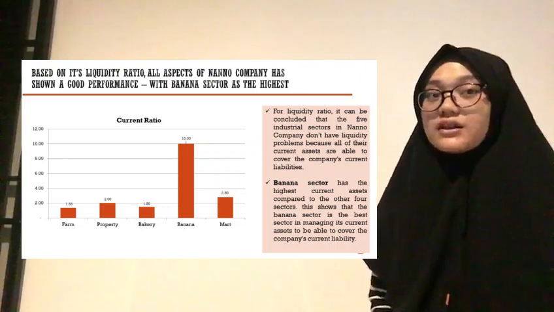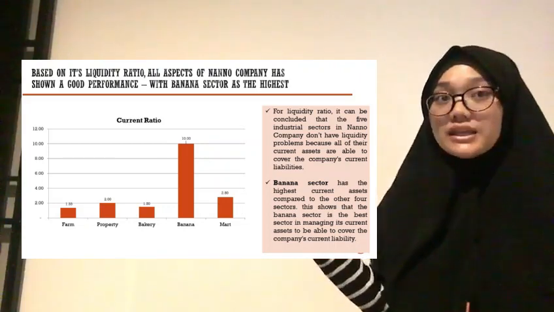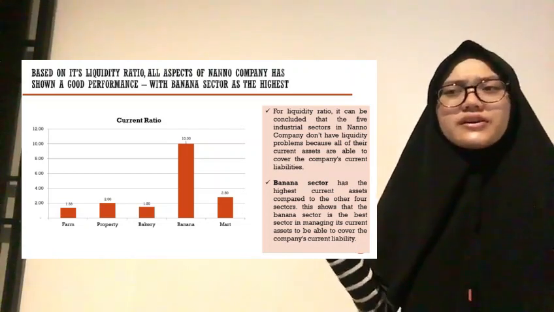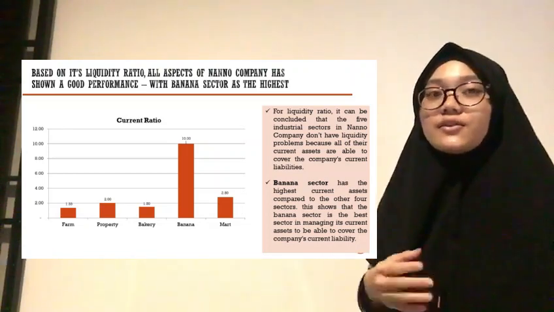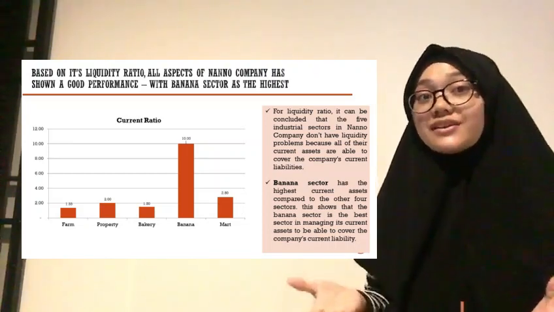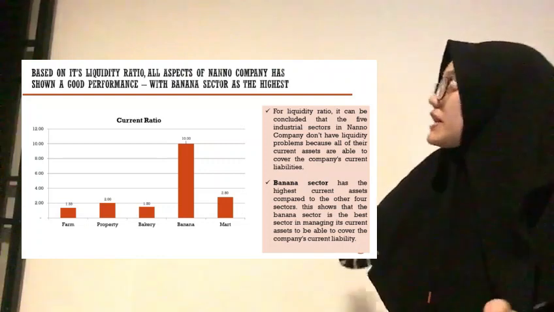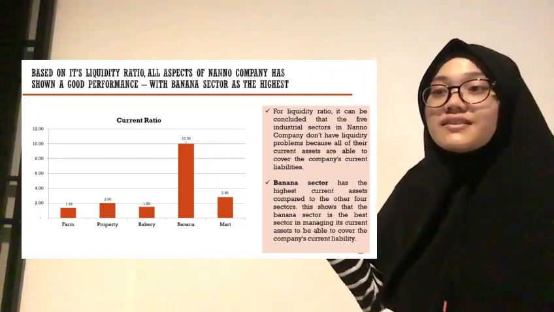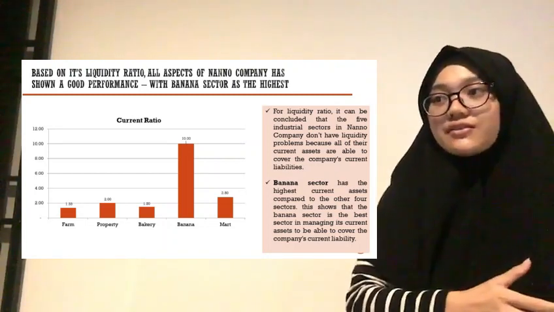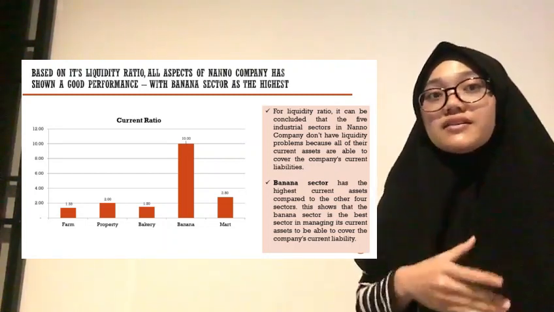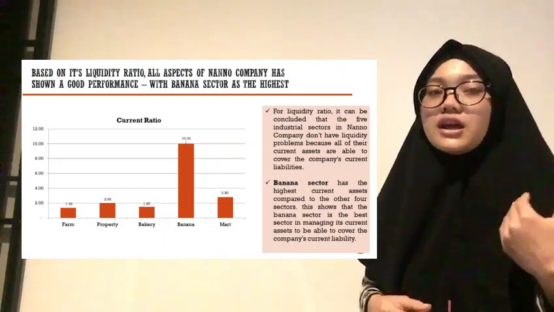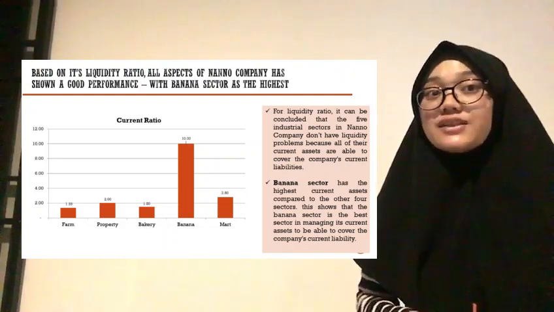And here we have the liquidity ratio of NANNO Company. We have data of their current ratio. What is current ratio? Current ratio is a ratio that compares the company's current assets with the company's current liabilities. And we can see from this chart that the banana sector has the highest current ratio compared to the other 4 sectors, and it means that the banana sector is the best at covering its current liabilities with its current assets.